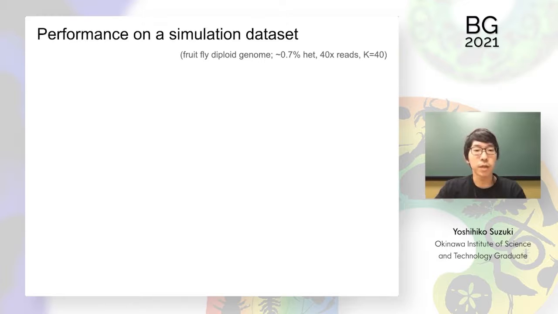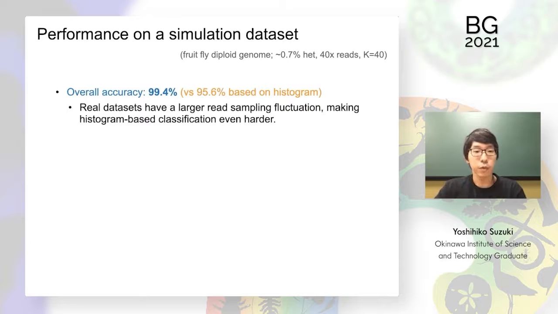And as for the performance on the simulation dataset, ClassPro showed 99.4% accuracy, whereas the classification based on the global k-mer count histogram was 95.6% accurate. And we can't calculate the accuracy for a real dataset because we don't know the truth, but real datasets usually have a much larger read sampling fluctuation, which means the histogram-based classification becomes even harder, although ClassPro still can, in principle, classify such reads accurately using the context information.